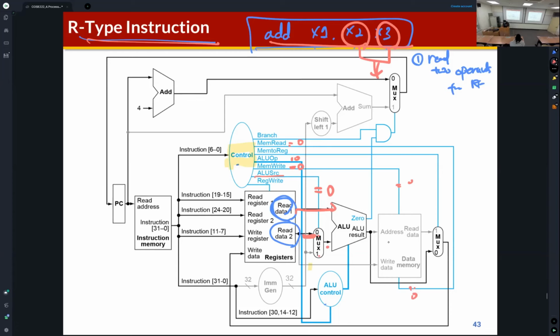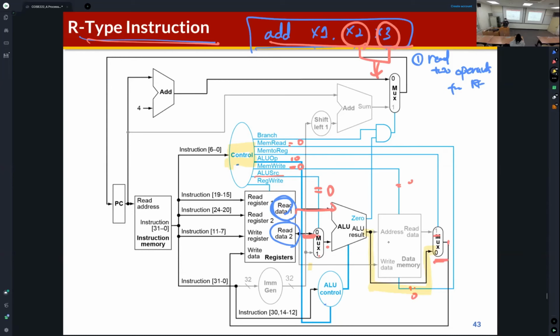And then how about this multiplexer, where the selection control signal mem to reg is connected. Okay. So what is the value? You can find that if this selection signal is 1, then for the output of the multiplexer, the memory output is connected. And if this value is 0, then the result from the ALU is connected.